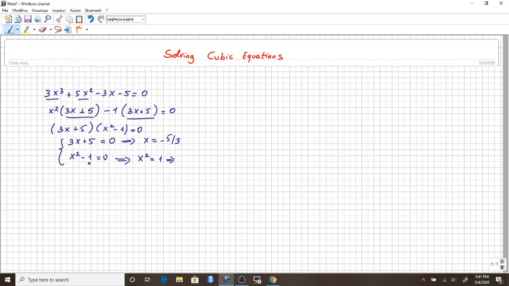And notice how in this case we have two real solutions, because we don't have any negative on the right hand side. So if we take the square root, we put a plus and minus, we just get x equal plus and minus 1. So we have three real solutions. So the solution set is negative 5 over 3, and then negative 1 and positive 1.